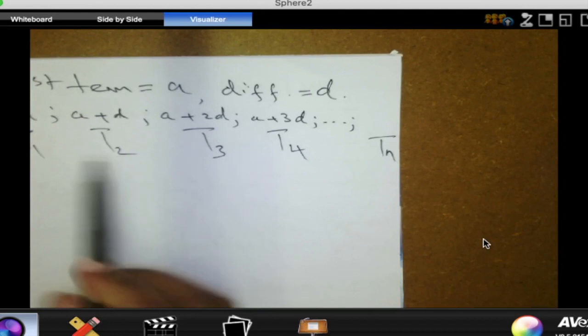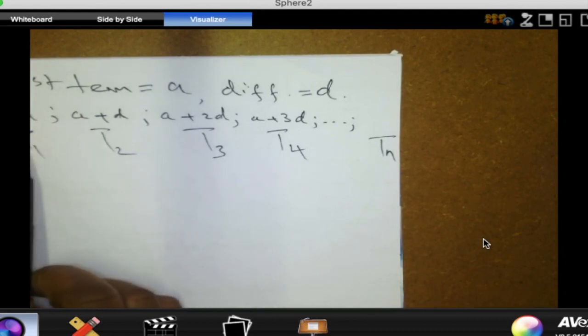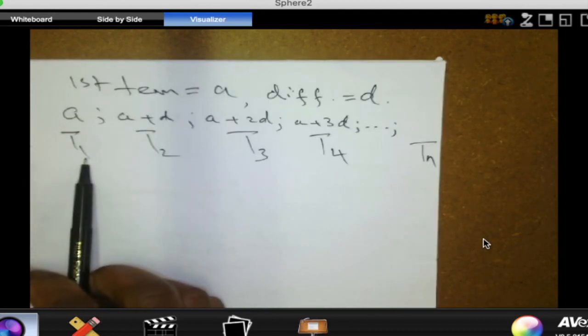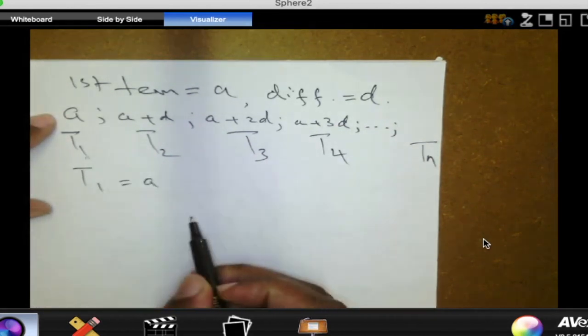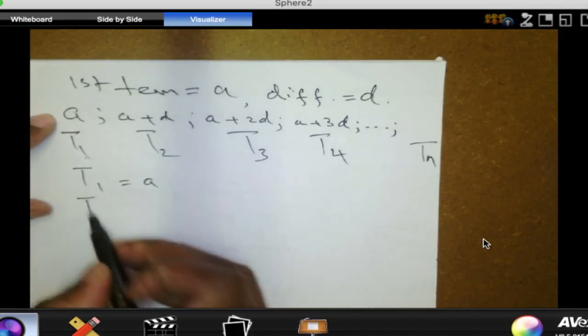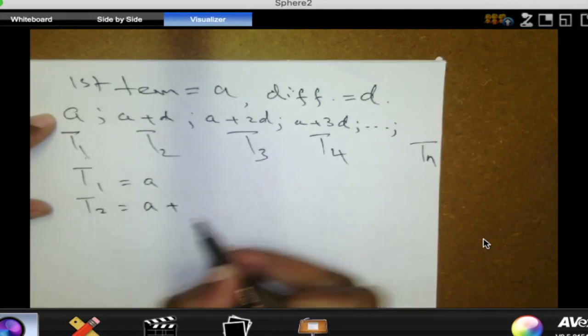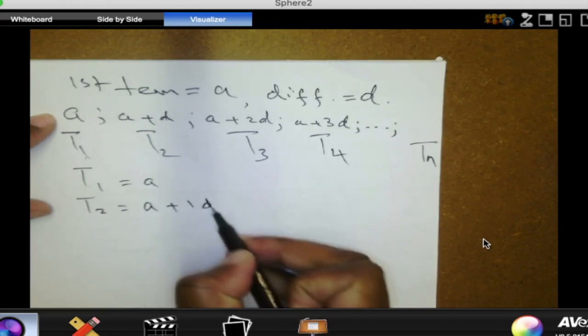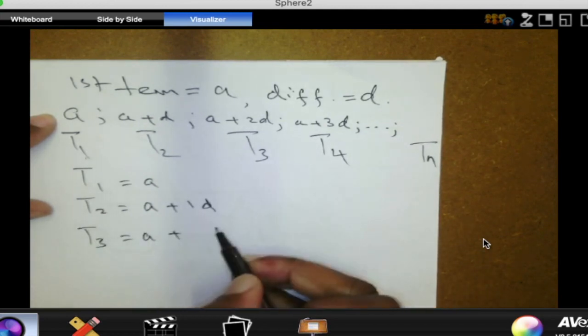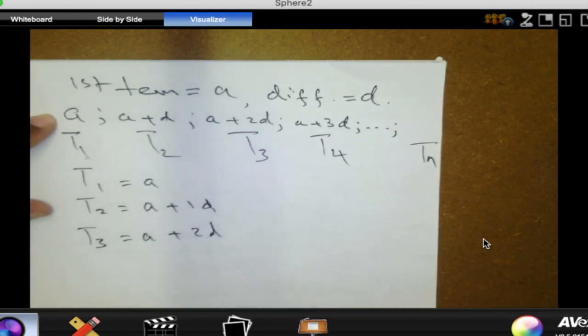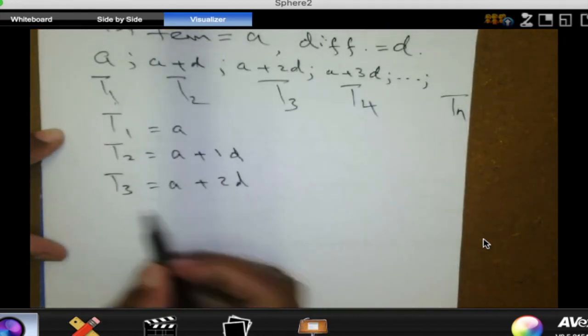You will notice that the number of D's that you are adding to get T1 is 0. So T1 is equal to A, which means we are adding no difference. But T2 is equal to A, and we need to add 1 difference. T3 is equal to A, but we need to add 2 differences, and so on.